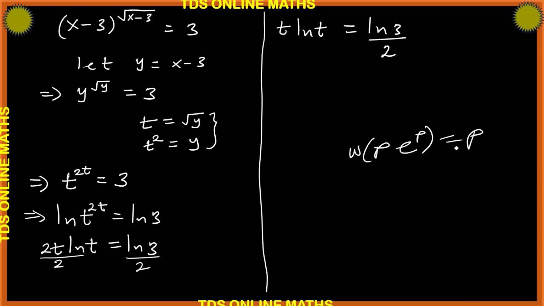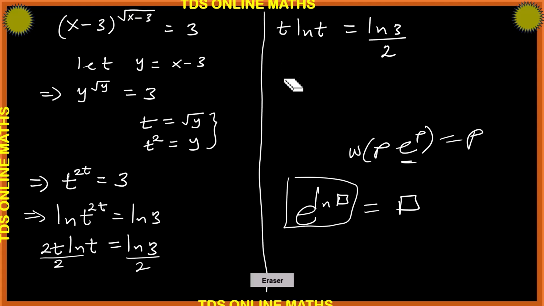So look at this, we have t ln of t. So let's introduce the e here. And don't forget that e raised to ln of something is that thing. It means that before we can apply the Lambert W function, we need to introduce this.